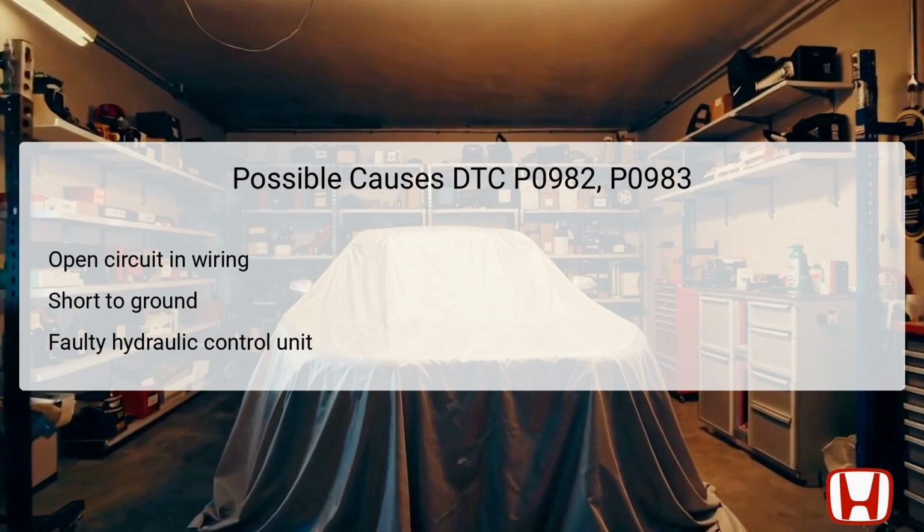Secondly, a short circuit to ground in the wiring could occur, creating an unexpected pathway for electrical current and affecting solenoid performance. Lastly, the hydraulic control unit itself may be faulty, which could inhibit the solenoid's ability to control fluid pressure effectively. In identifying these issues, it is critical to conduct thorough electrical tests, as the errors primarily stem from electrical rather than mechanical faults.